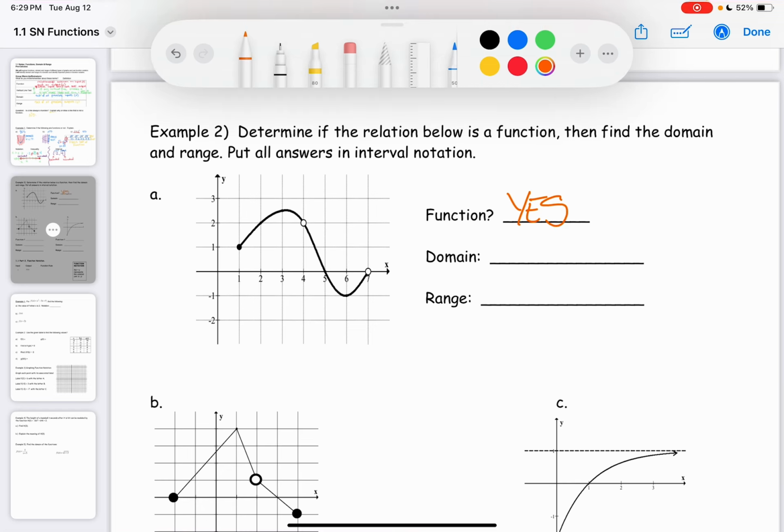Now, the domain is the set of all possible x values. So I'm going to sketch a little bit on here. Our first x value here is 1, and our last one is 7. And I want to point something out to you here.